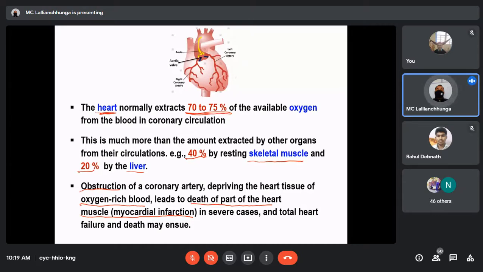Obstruction of blood flow means a sufficient amount of oxygen cannot reach the heart tissue, the myocardium. So it will lead to death of the affected myocardium. In severe cases, this is known as myocardial infarction, and it is very dangerous. It may lead to total heart failure and death may occur.